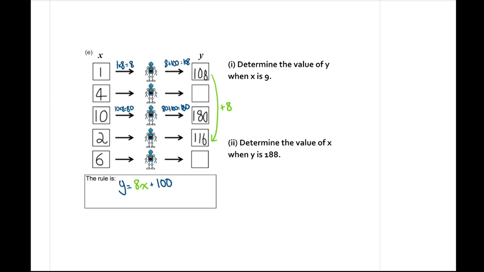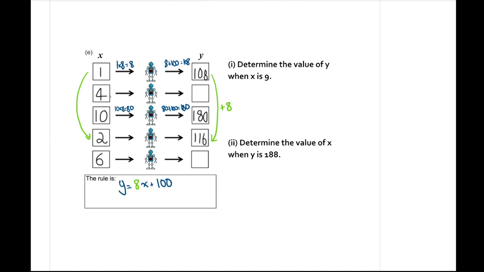So again, because we saw the change from one position to the next in sequential order, from 1 to 2, we saw that we went up by 8. We found our multiplier, and we used that to help us figure out what our constant was.